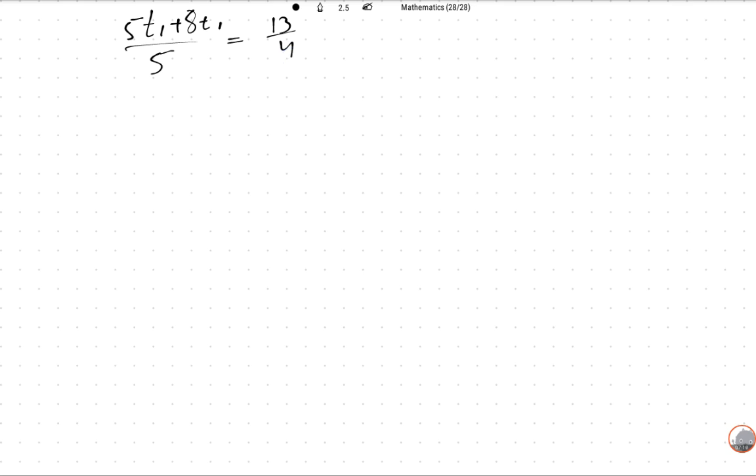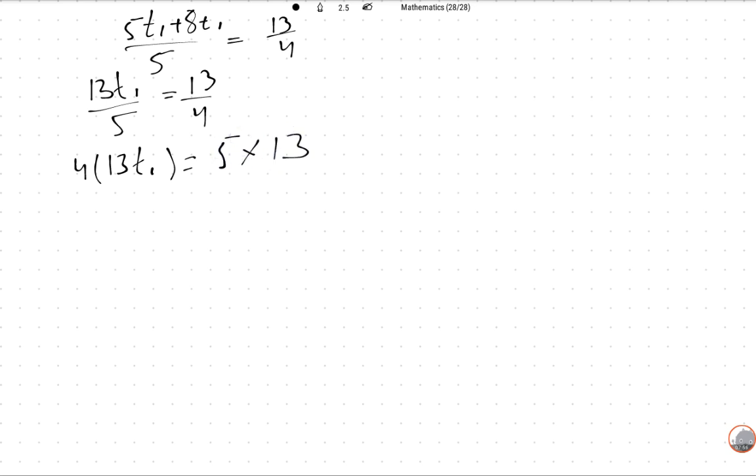So now we will cross multiply. 13 t1 upon 5 is equal to 13 upon 4. Now cross multiply. 4 into 13 t1 is equal to 5 multiplied by 13.